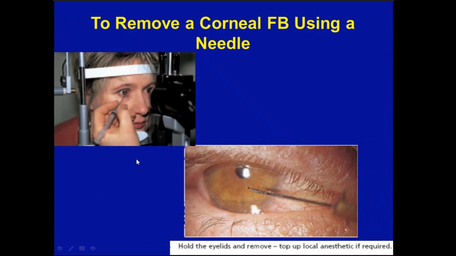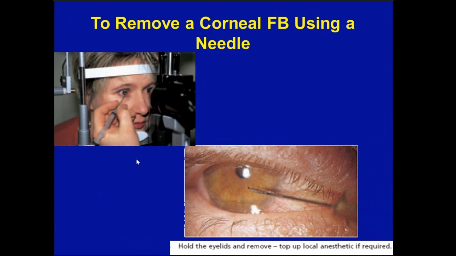On this picture, you can see how we remove foreign body. It's an outpatient procedure. We make this in an emergency department. I have already mentioned that it's absolutely necessary to remove corneal foreign body.